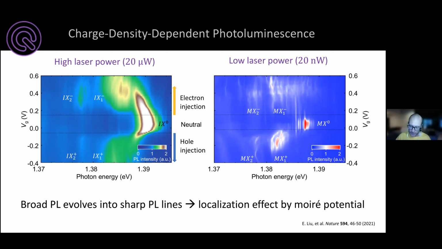And so based on calculations and a lot of other data, we began to understand that even this fact that they don't really disperse with gate voltage comes from the fact that once the trion is localized in a trap, it no longer interacts strongly with the carrier density bath. So you're able to actually isolate these trions in their trap, and they essentially become single excitations isolated from the global charge carrier density.